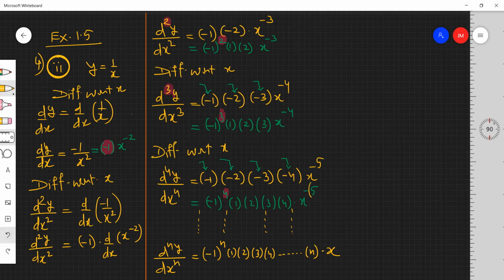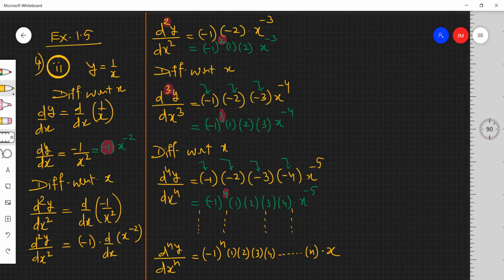When you have first order derivative, this is d1y upon dx1, and you have x raised to minus 2. So can I say it is negative and then 1 more than the number here? Yes, if you have 1 here, then this is negative 2.